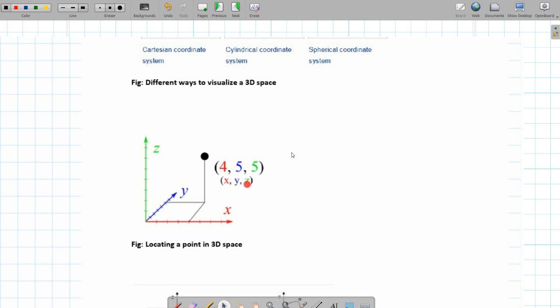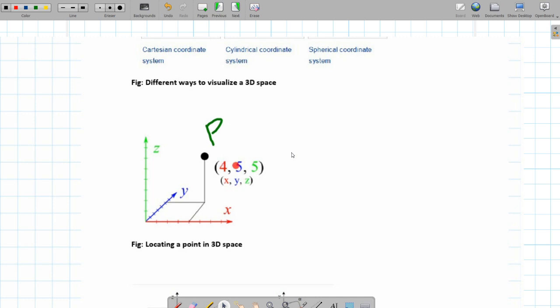Now the mathematical significance of this coordinate is something like this. Say you have an arbitrary point P into the 3D space, or your x, y, z space, and its coordinate goes like 4, 5, 5.